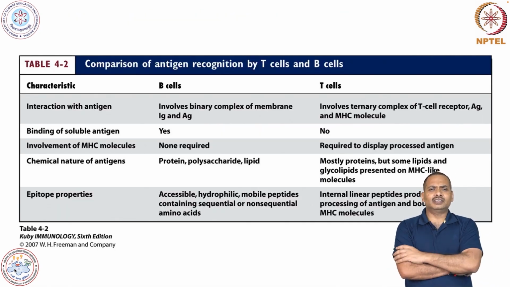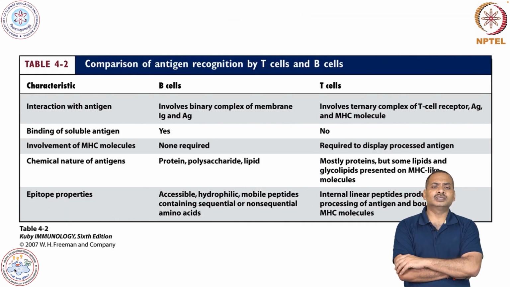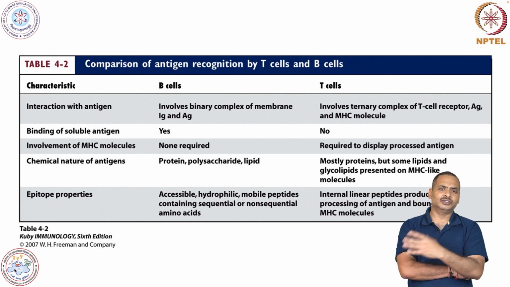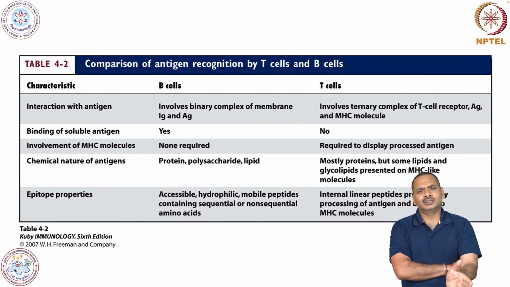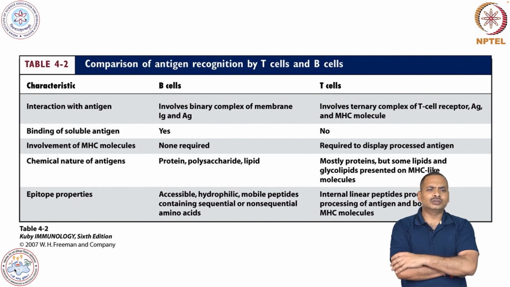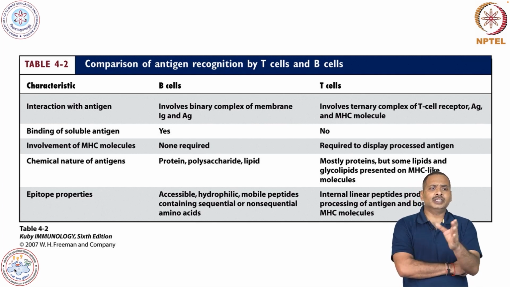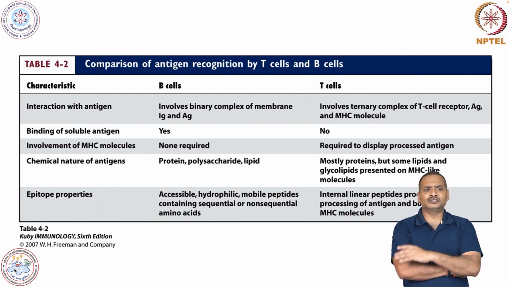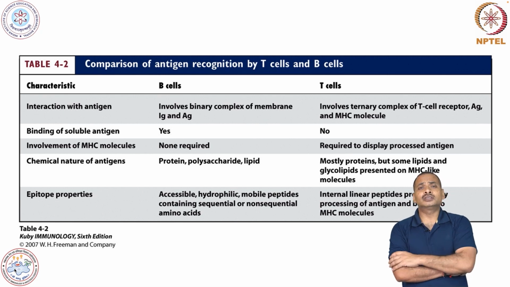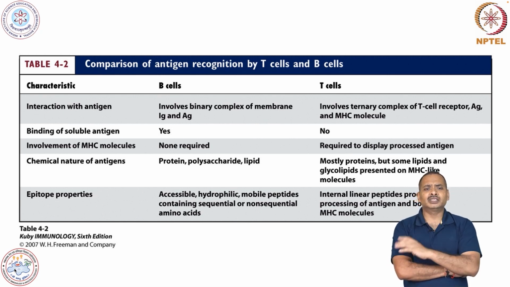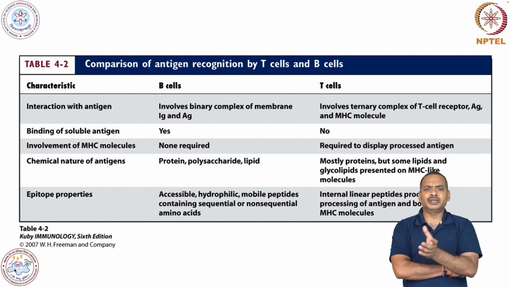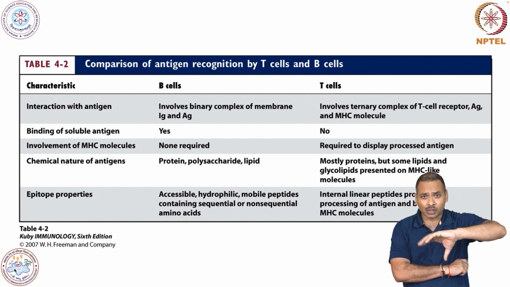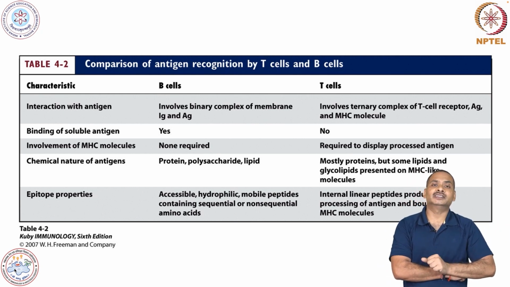Now here I have a little comparison of antigen recognition by T cells and B cells. This will clear any further doubt. Interaction with antigen in the case of B cell basically makes a binary complex of membrane-bound immunoglobulin and antigen.